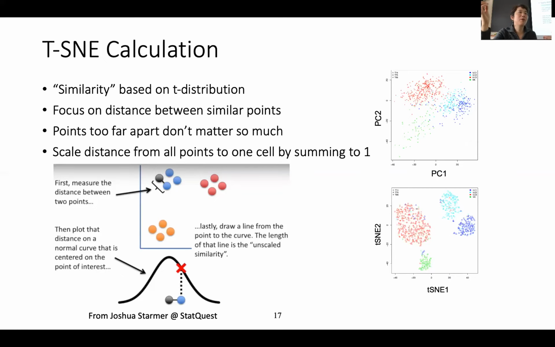Remember multi-dimensional scaling. We have a distance matrix, right? We have a pairwise cell distance matrix, and then we try to use a 2-dimensional figure to capture as much of the pairwise distance as possible. The difference between MDS and t-SNE is that the similarity calculation is transformed by this T distribution.